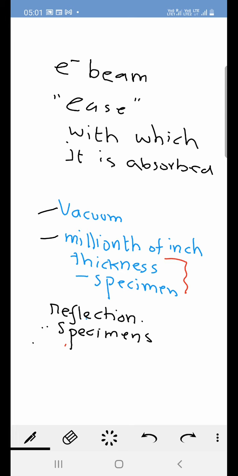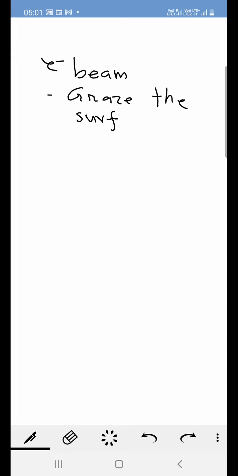If the electron beam is caused to graze the surface, only graze the surface, the diffraction pattern produced is only that of the surface, that is about 100 atoms deep.